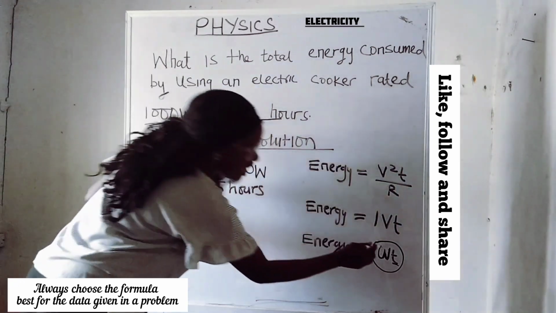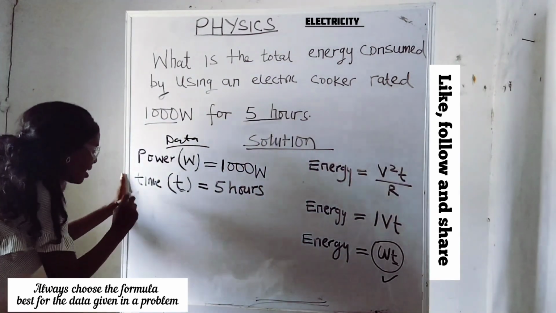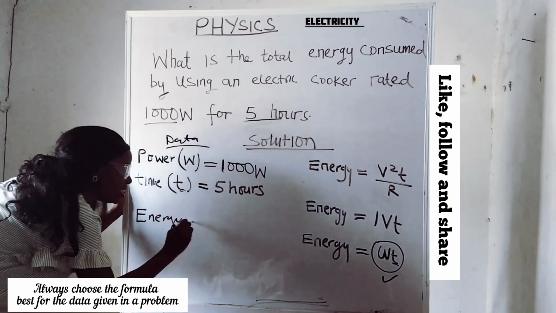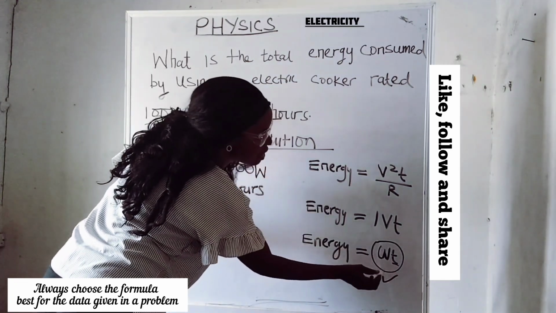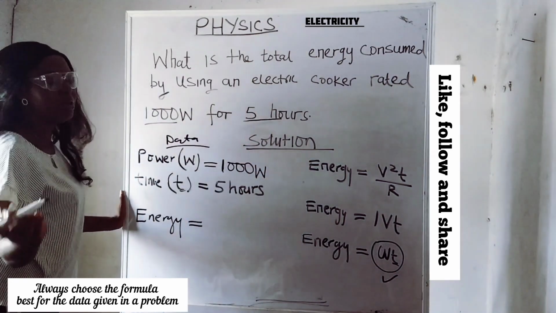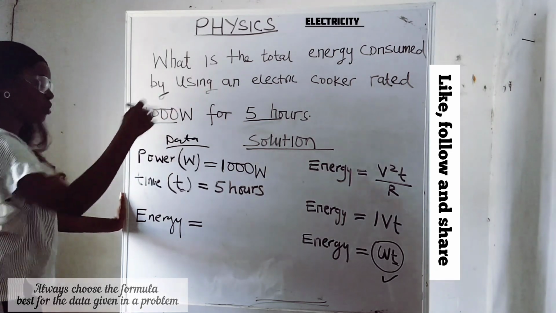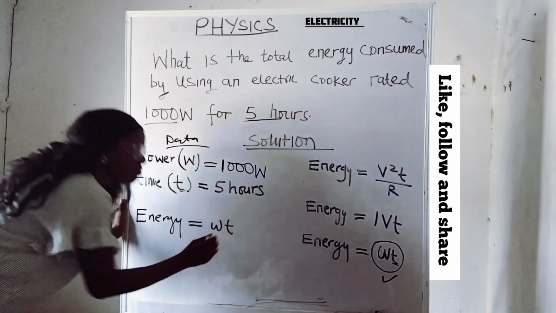So electric energy equals WT. I'm using this formula because it is the only one that suits the data given to us in this question.